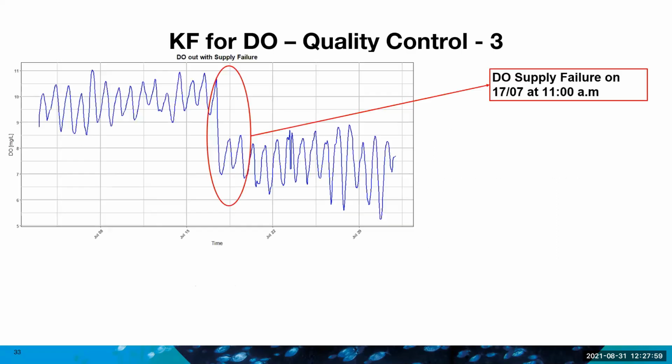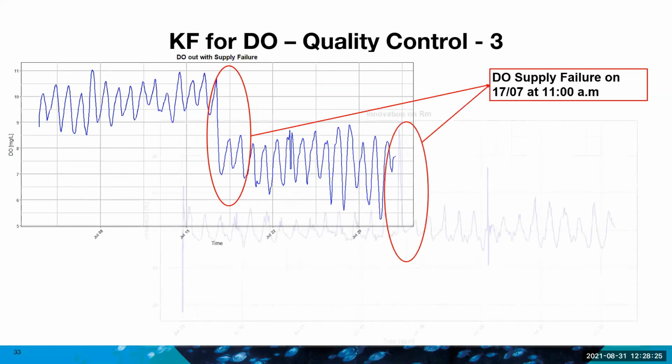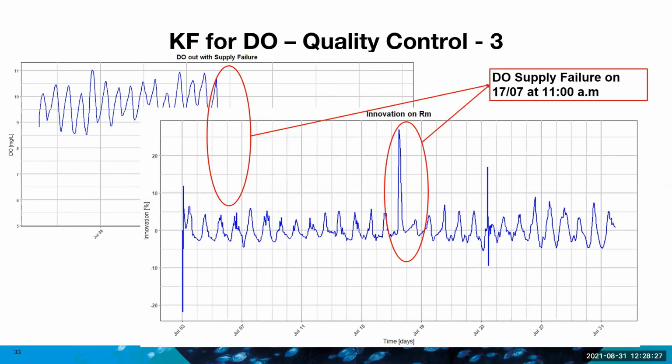prevent huge consequences. For example, I simulated a failure in the oxygen supply. So I used the simple model to build a time series of what could be the oxygen in the output if you have a failure in the oxygen supply. So on the 7th of July, and what you can see, one parameter of the filter is the innovation.